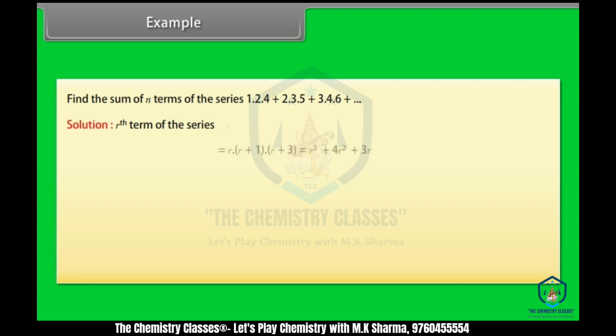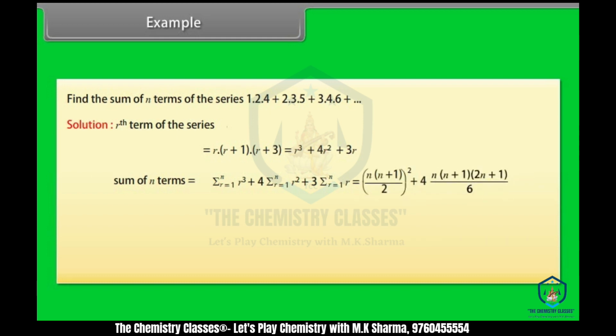Rth term of the series is equal to... Sum of n terms is equal to summation from r equal to 1 to n of r cube plus 4 times summation from r equal to 1 to n of r square plus 3 times summation from r equal to 1 to n of r, which is equal to... On solving, we get n into n plus 1 by 12 multiplied by 3n square plus 19n plus 26.